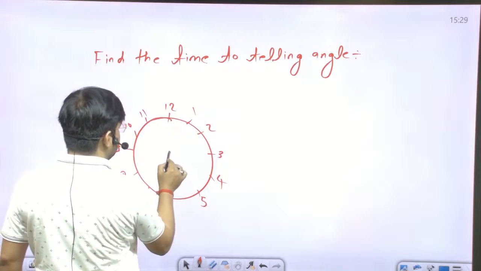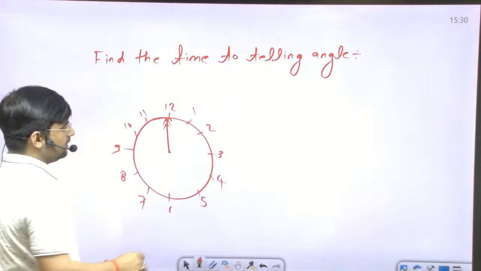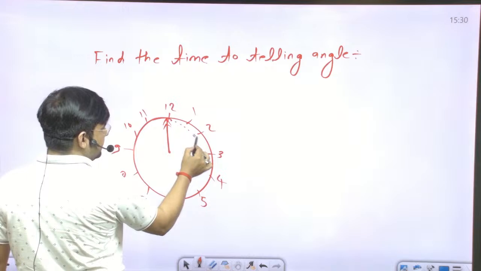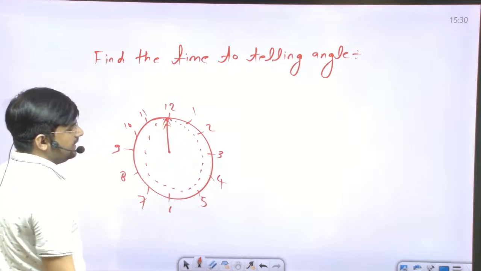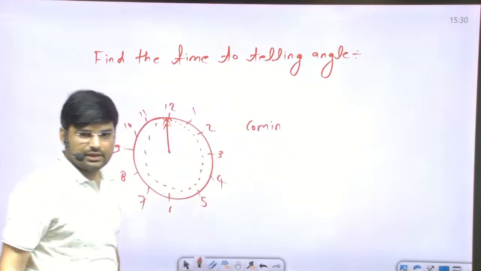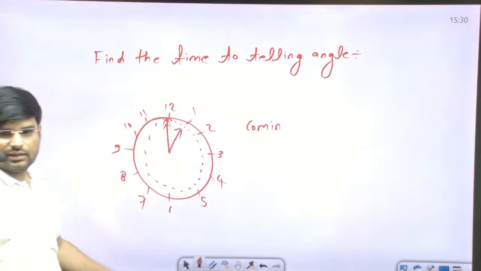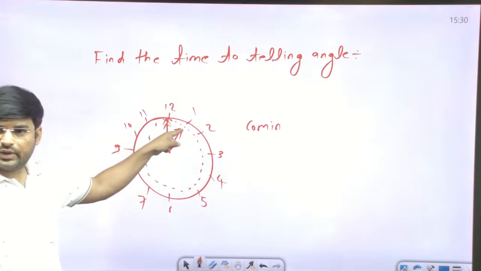Let's suppose it's 12 o'clock and the minute hand starts moving forward. Then it's a rotation of 60 minutes, and after 60 minutes our hour hand will become 1 o'clock.